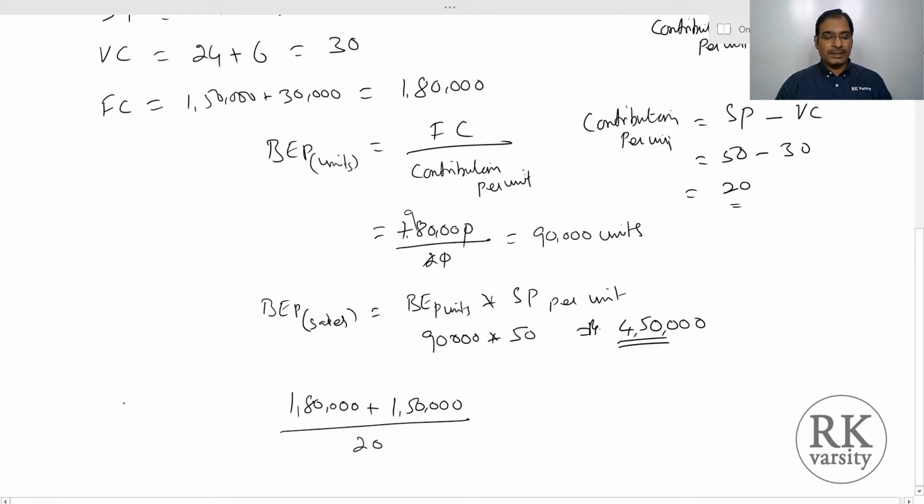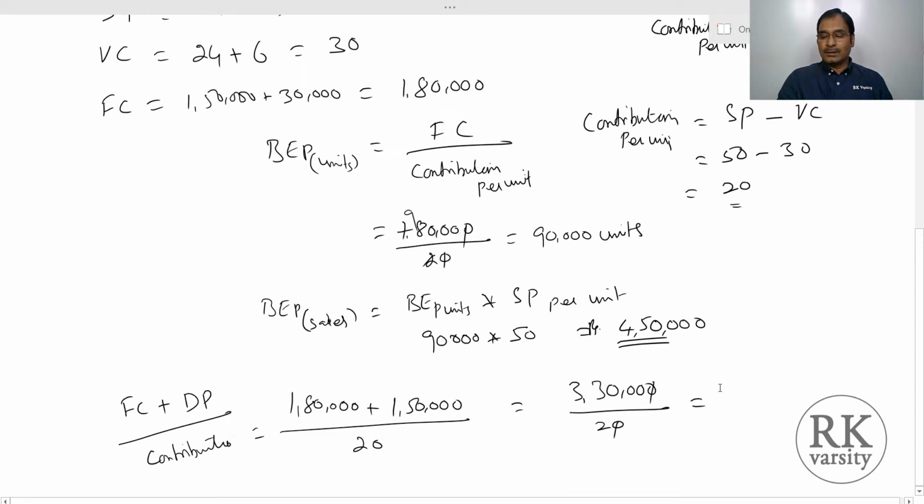So this equals 3,30,000 upon 20. So this equals 16,500 units.